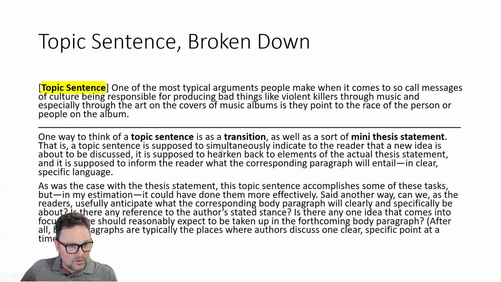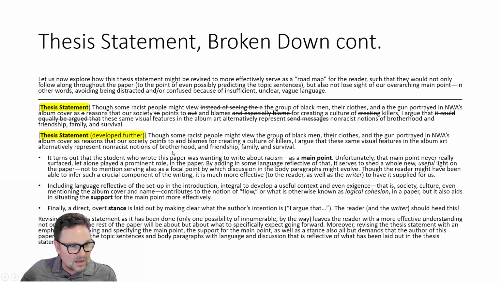So again, we're transitioning. When I say mini thesis statement, the reason the mini is there is that we're not repeating our whole thesis statement each time we start off a new body paragraph. What we do is select one of the topics, and we'll say, some people argue that it's a group of gangbangers or whatever, but I argue that it's brotherhood.